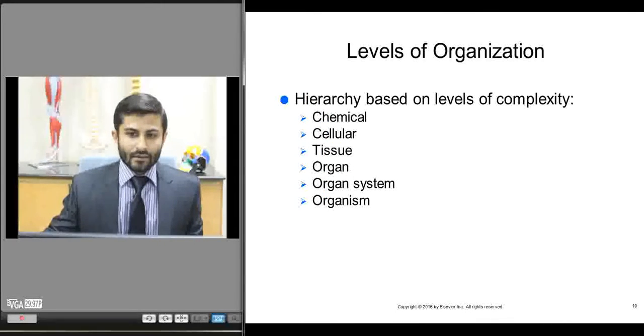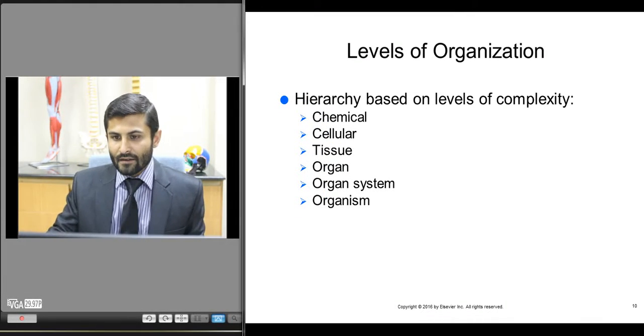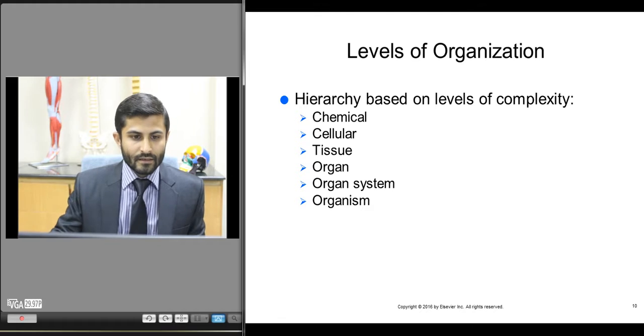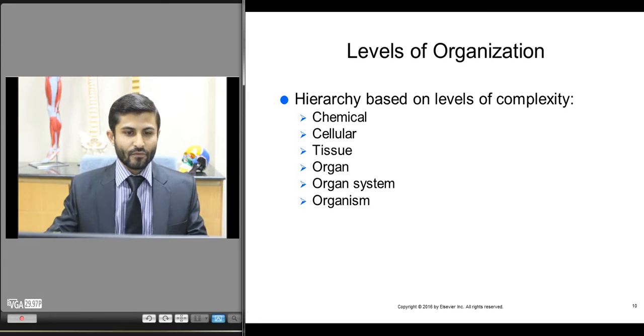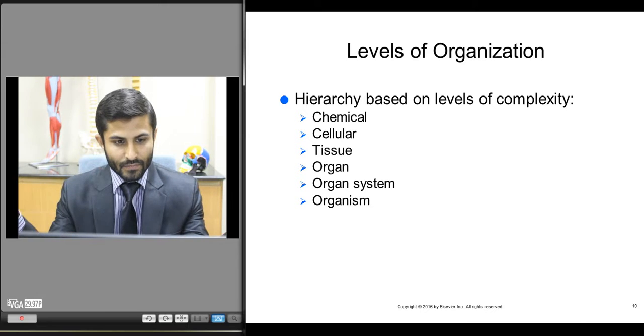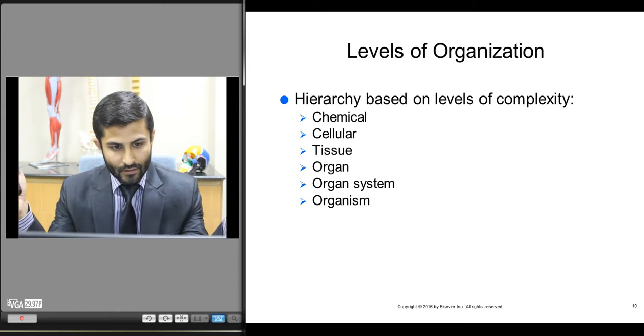Talking about the levels of organization, the hierarchy based on the level of complexity, there is the chemical foundation or the chemical level. Then the chemicals combine to form the cellular level, and when the cells are performing a similar function, they become a tissue. A distinct tissue makes an organ, multiple organs make an organ system, and then the whole organism.